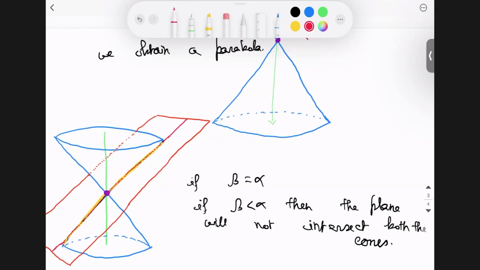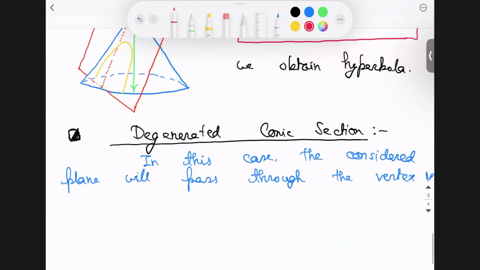Here the plane passes through the vertex. That's why instead of a parabola, we obtain a straight line. Okay. So let us discuss another case of this degenerate case.